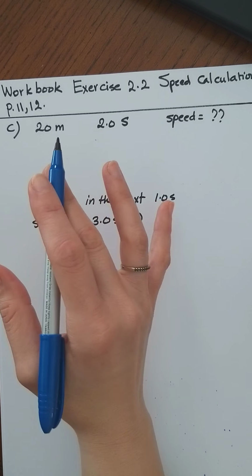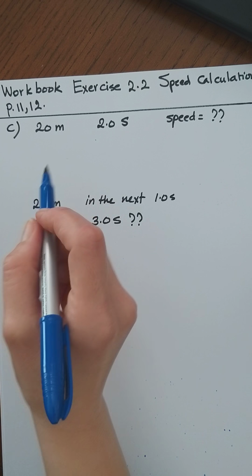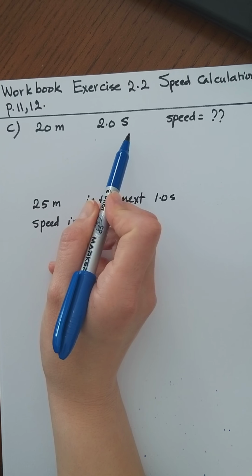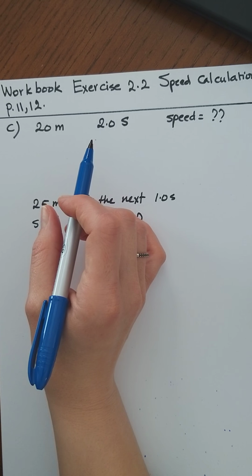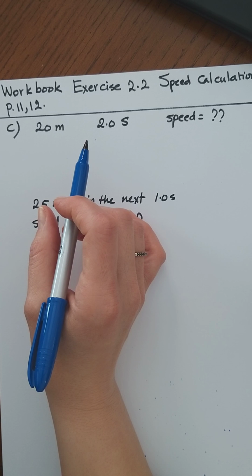That's why we need to calculate the average speed. Remember that to calculate speed, we need two measurements. We need distance and we need time. If we have these values, we can calculate the average speed between 2 points.